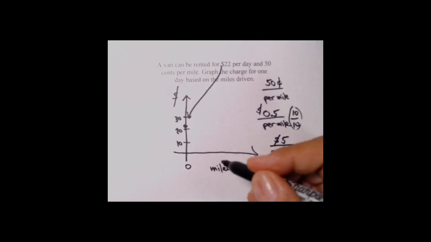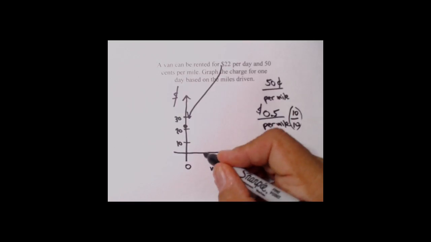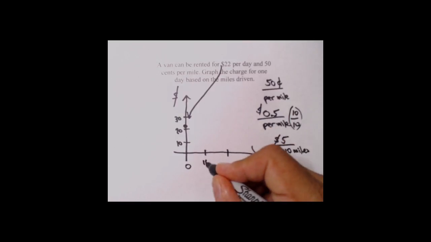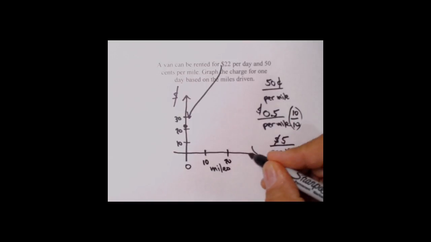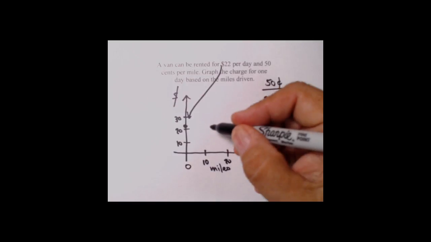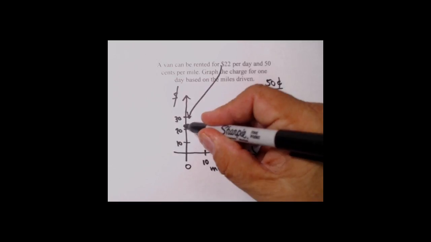Okay, well, then that allows us to go out here and make some tick marks going out here. This could be 10 miles, this could be 20. We could have 30 further out here. And every 10 miles, we're going to cost $5 more. Well, here's the starting point right here.